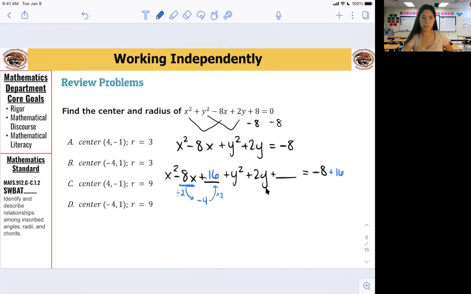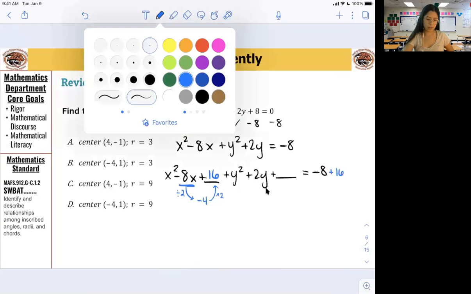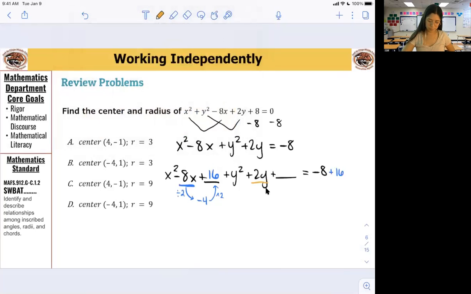Now what's going to be my magic number for the y terms? Good. Divided by 2, I get 1. 1 to the power of 2 is still 1. So I add 1 on both sides.